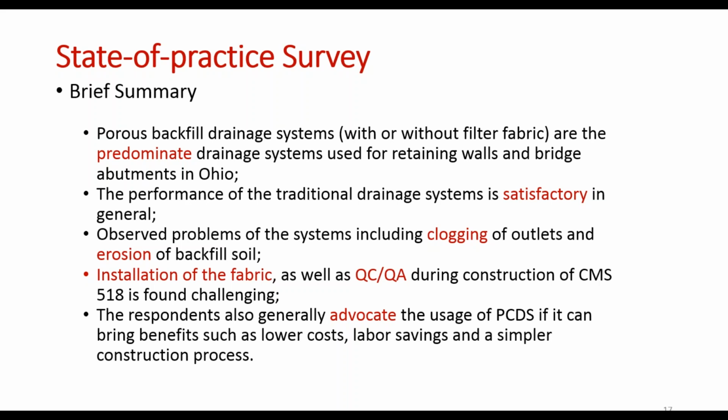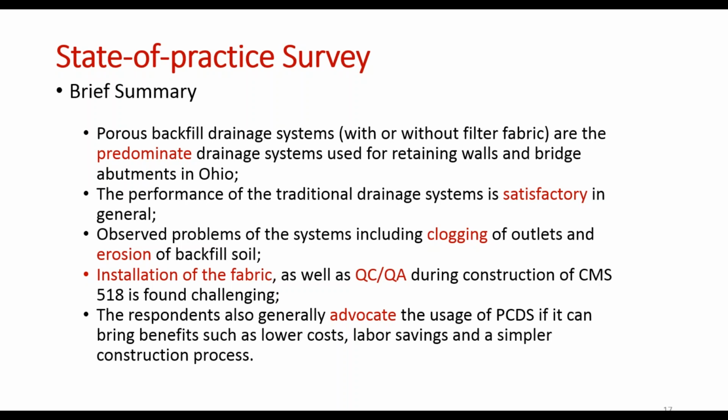So, a brief summary about the first task. Porous backfill drainage systems with or without the fabric are the predominant drainage system in Ohio, and the performance of the traditional drainage system is actually satisfactory in general. But the observed problems of the systems include clogging and erosion of the soil.